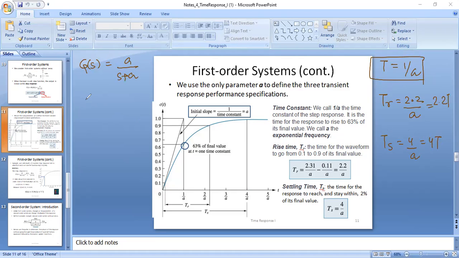Your C of T is 1 minus e to the power minus At, right? So this A value is here. You can write it like this also, T by tau. Here your tau value is tau or T, anything. It is 1 by A.